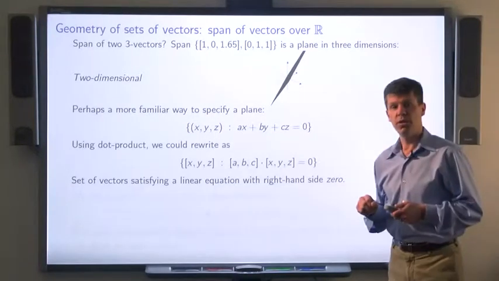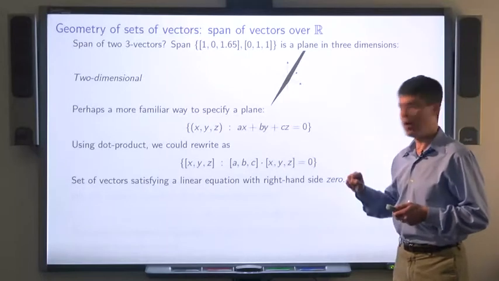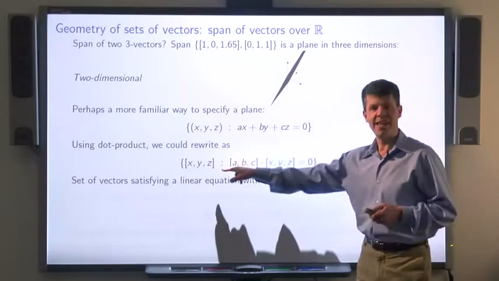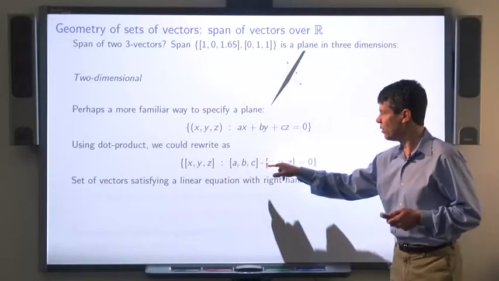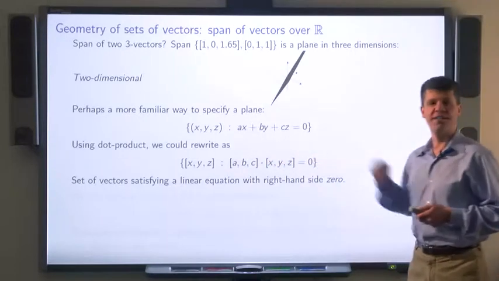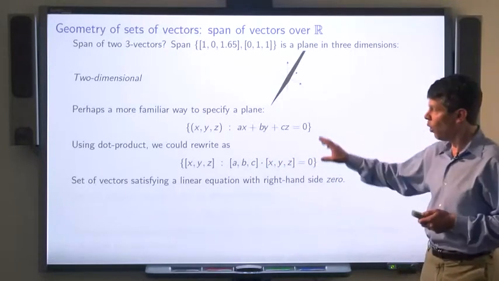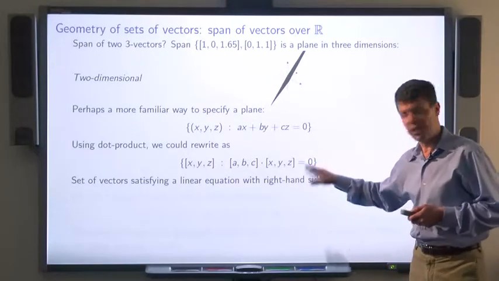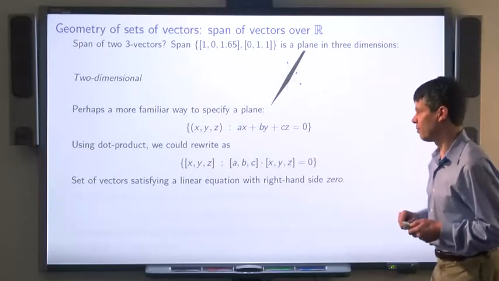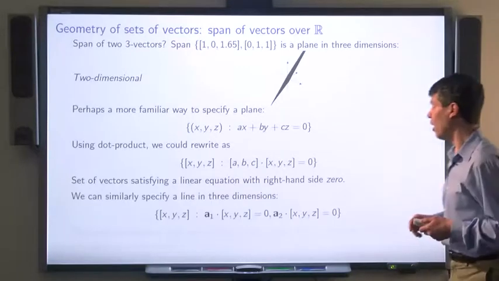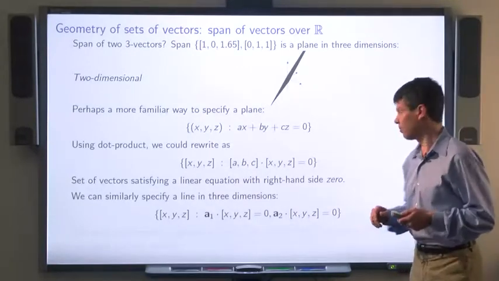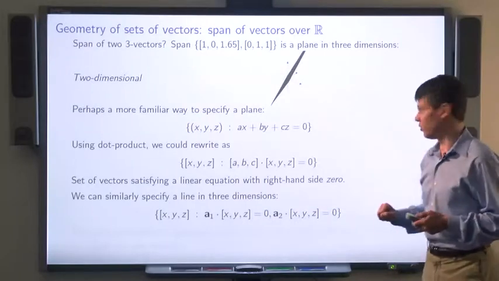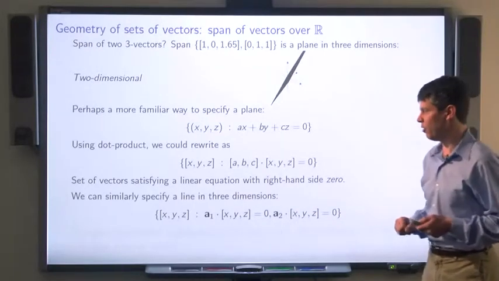Now, we can use vectors to represent this same equation. So the set of vectors x, y, z such that this dot product is equal to 0. So we're describing a set of vectors using a linear equation with the right-hand side of 0. We can similarly describe a line in 3 dimensions by using 2 equations with right-hand sides equal to 0.